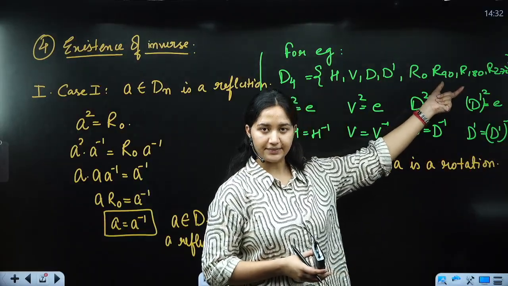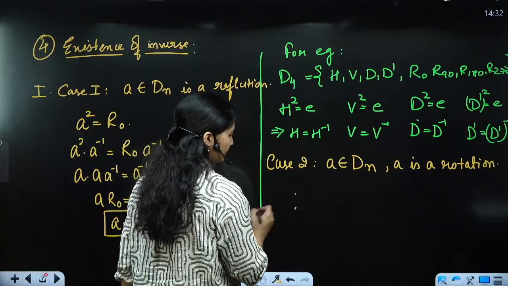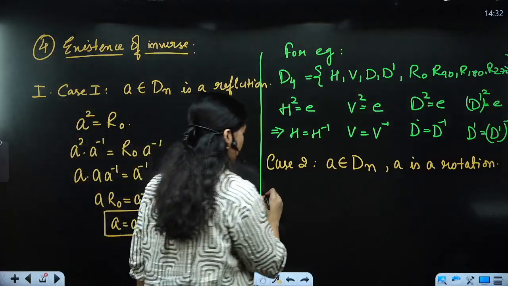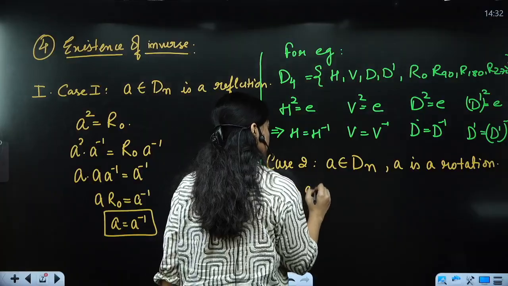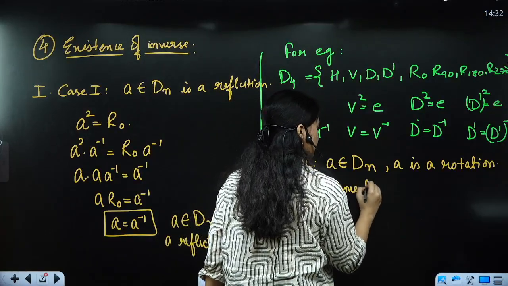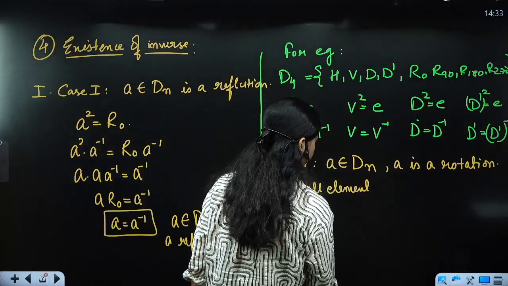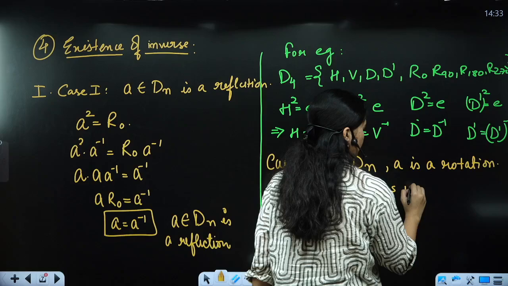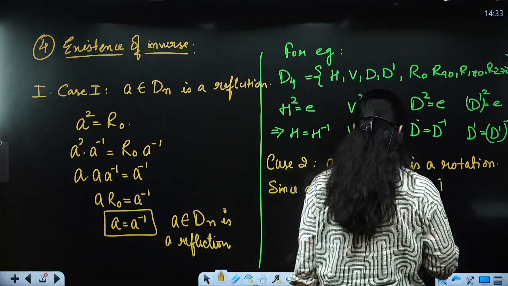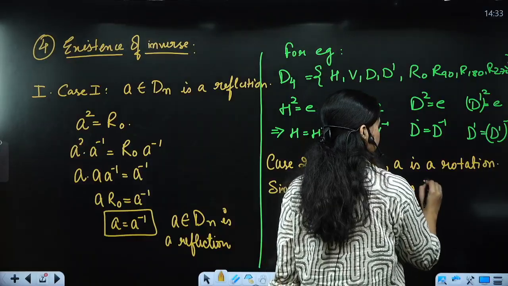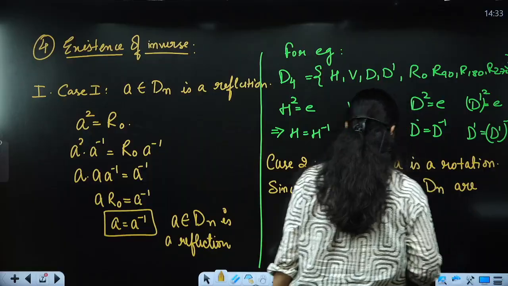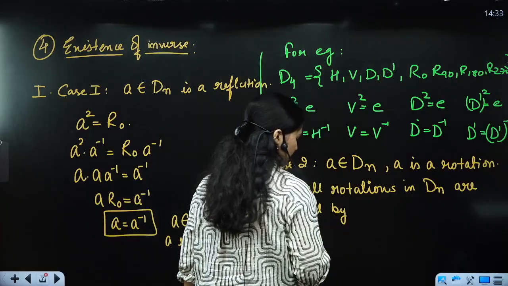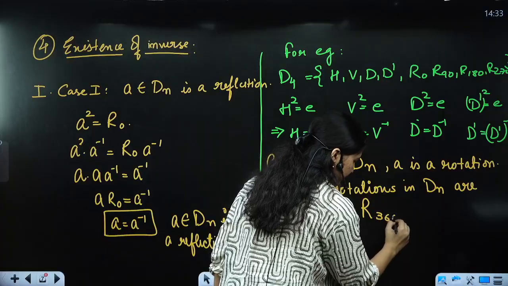So can I write it like this, that if A is a rotation, since all rotations in Dn are generated by R 360 by n.